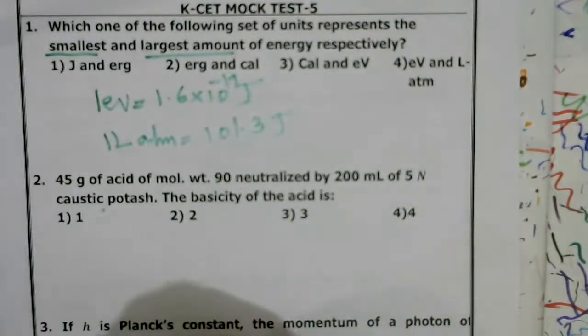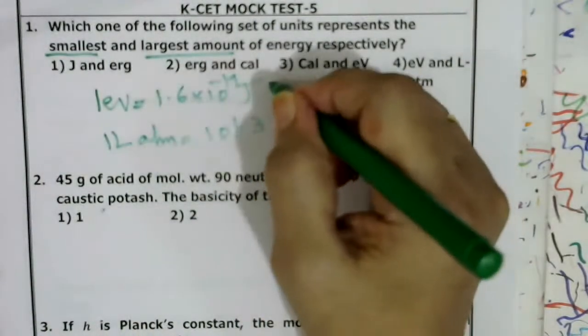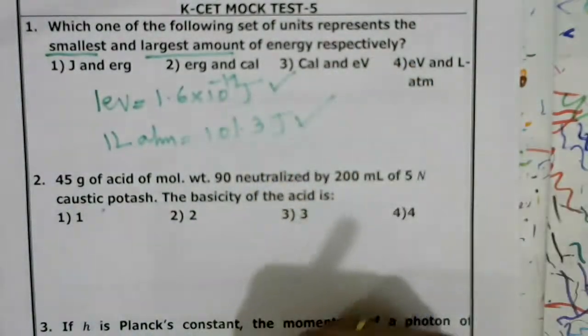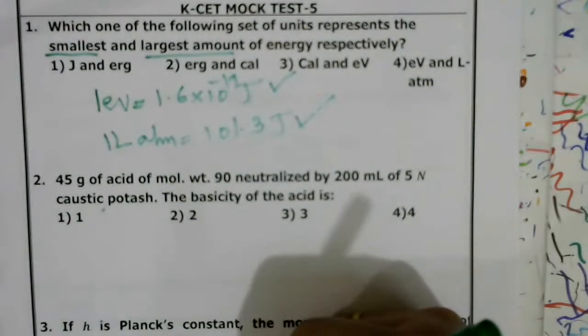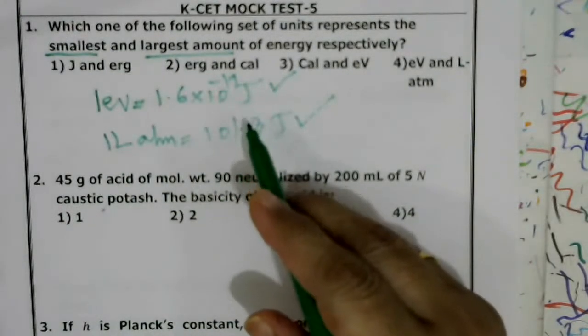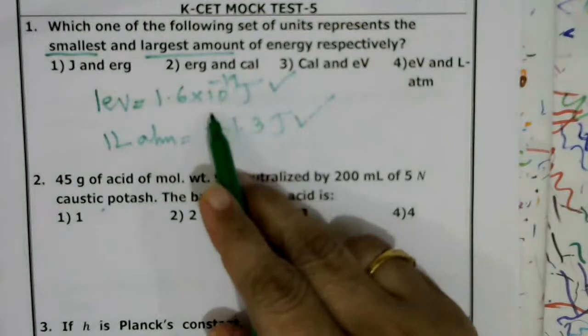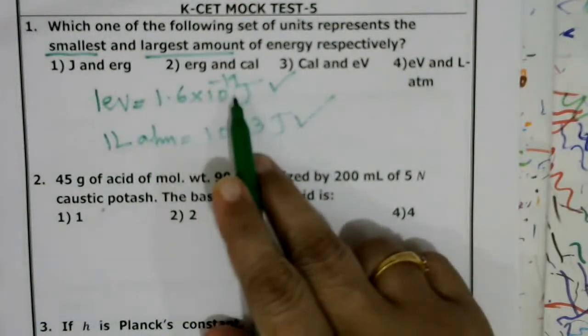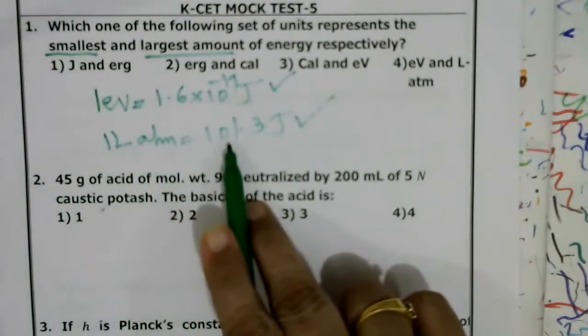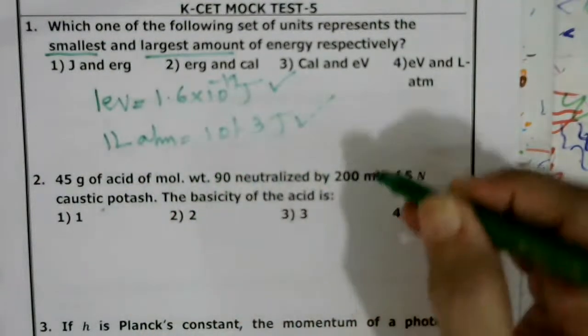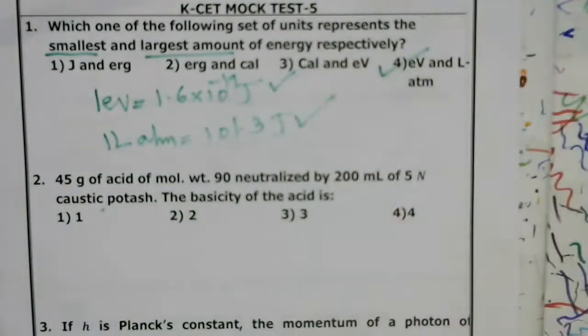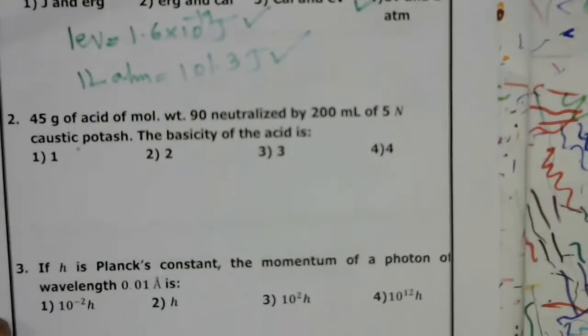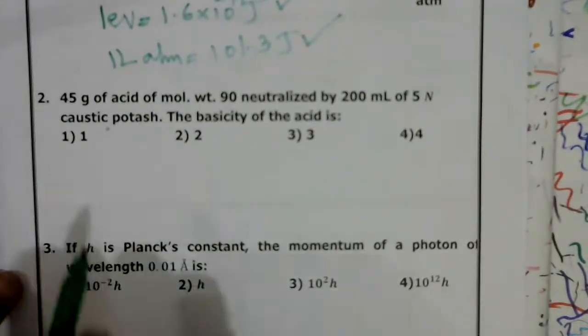Whenever we consider the smallest and largest value, 1 electron volt, 10 raised to minus 19, will be the smallest value, and the largest value is 101.3. Therefore, which option is correct? 4th option.